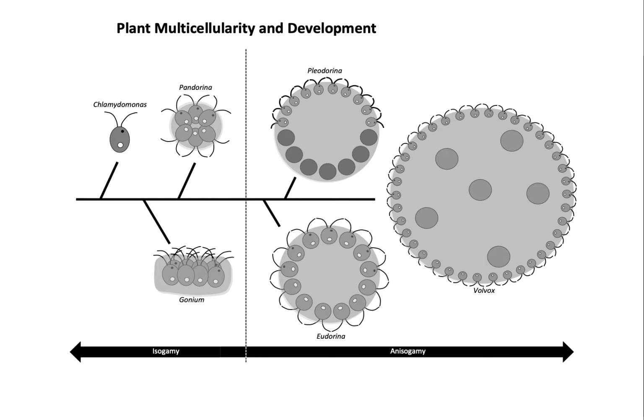Whereas when you get to anisogamy with the larger organisms, then there begins to be some differentiation between the gametes, so you can tell the difference between a male and a female cell. By the time you work your way up to trees and higher plants, then there's a real large difference between the male and female organs, as well as the male and female gametophytes and gametes.